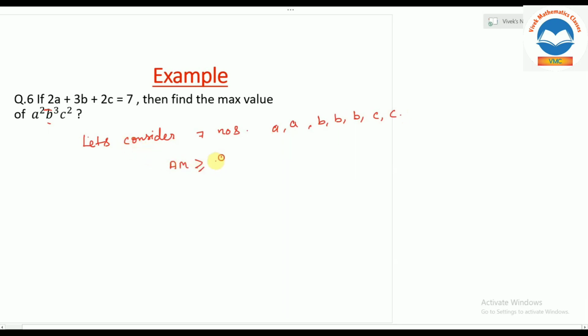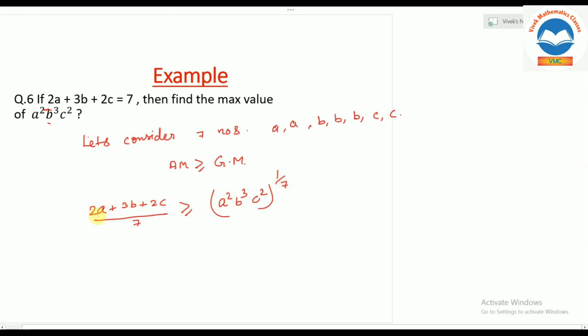What will be the AM? The sum of all the numbers divided by 7. How many numbers are there? 7. So that's why you have to divide by 7. So (2a plus 3b plus 2c) divided by 7 will be greater than or equal to the product of these numbers, a squared b cubed c squared, to the power 1 by 7.